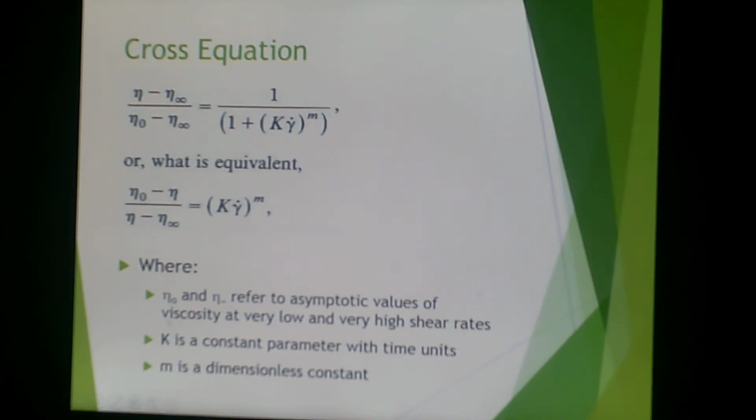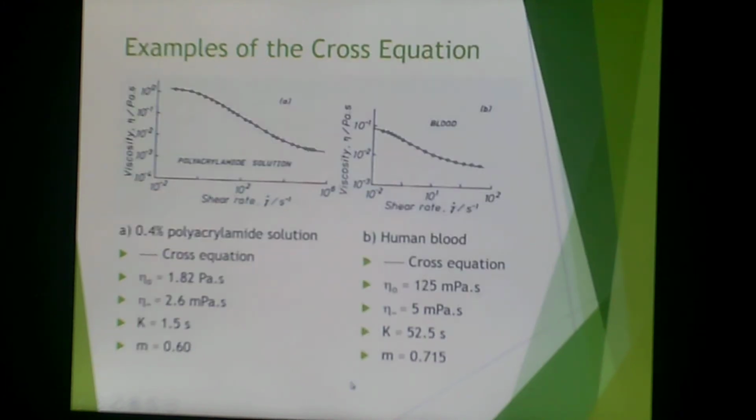In this case, you have viscosity sub-zero and viscosity infinite, and these refer to asymptotic values of viscosity at very low and very high shear rates. K is a constant parameter with time units, and M is a dimensionless constant. And here's an example of the Cross equation as applied to certain solutions.